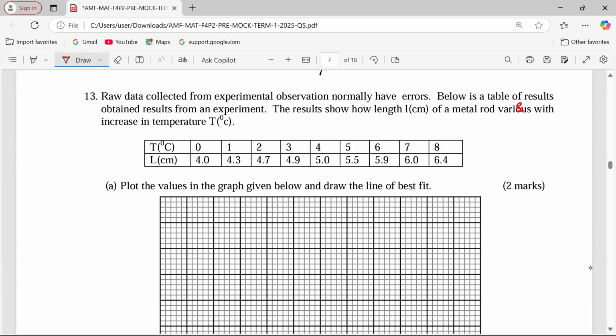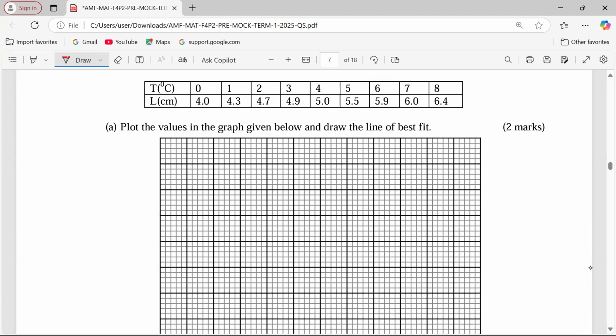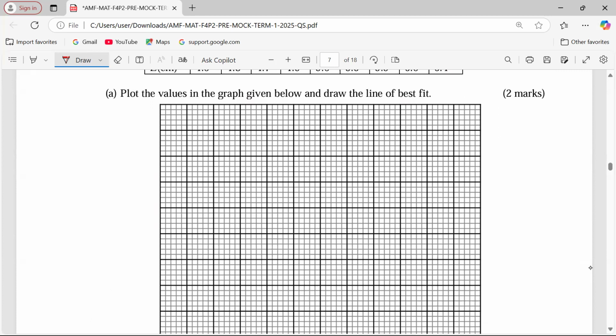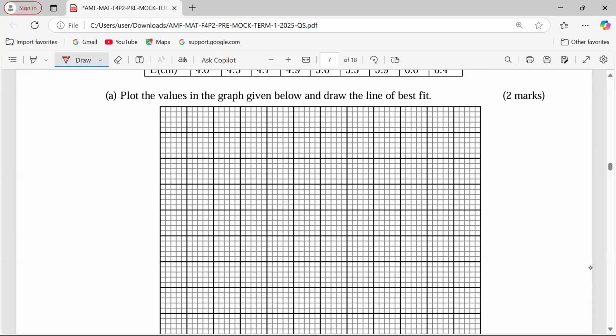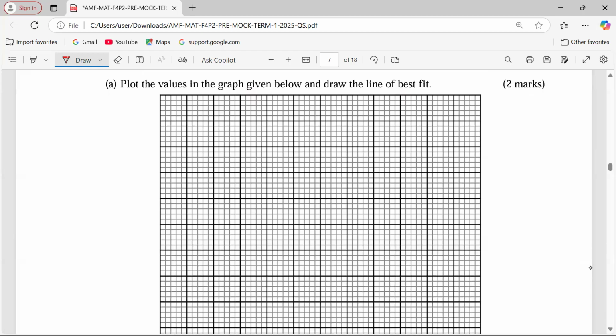We know that with increase in temperature, we expect an expansion, so we will have an increase in length. Plot the values in the graph given below.